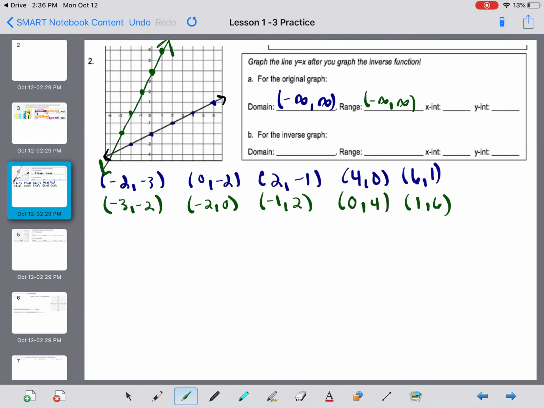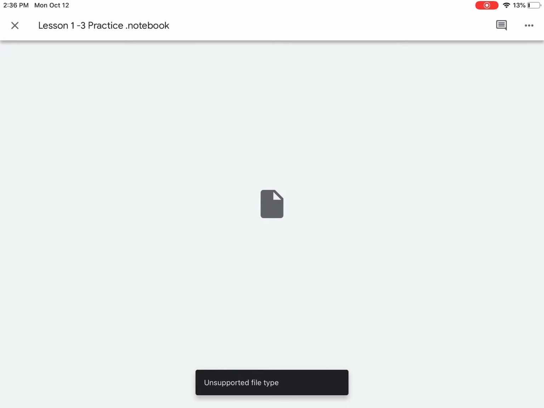The x-intercept of the original graph was 4, 0. And the y-intercept of the original graph was 0, negative 2.